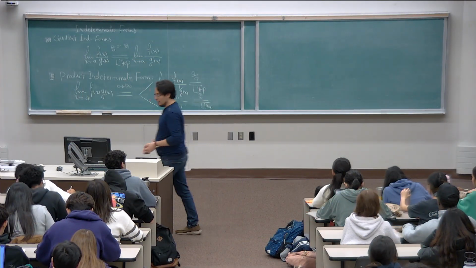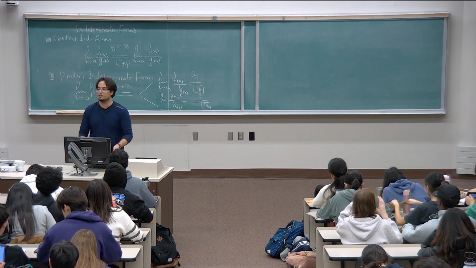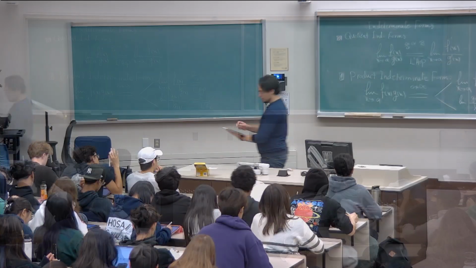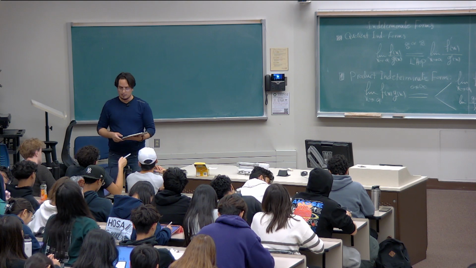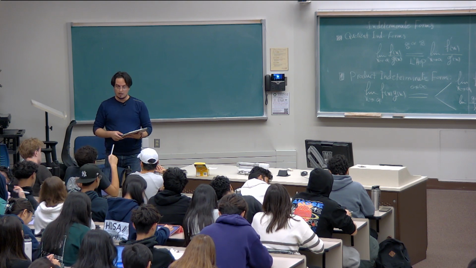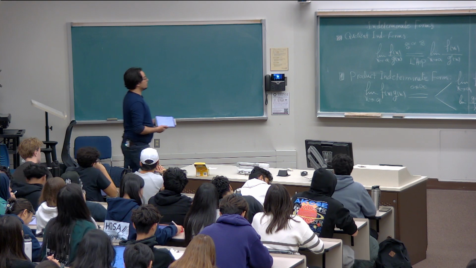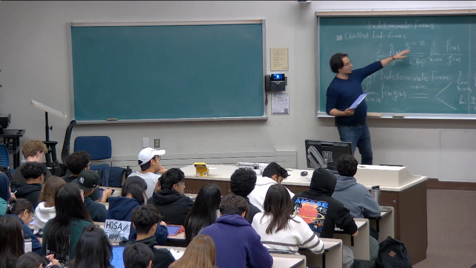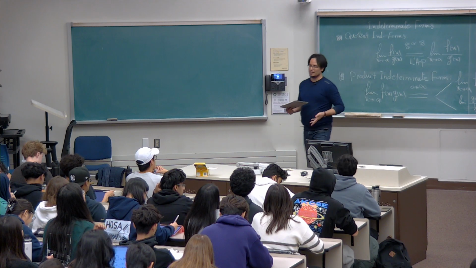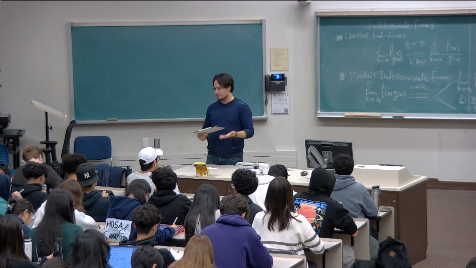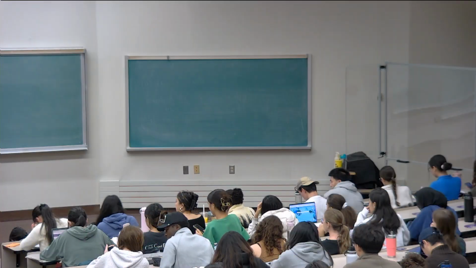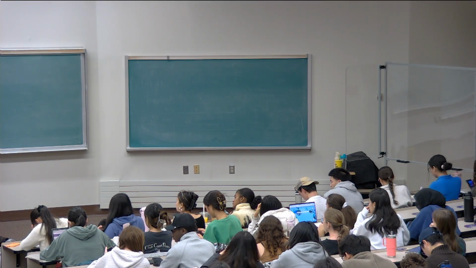And that's why I will try to repeat this process all the time: turn all the indeterminate forms into either 0 over 0 or infinity over infinity. And then there are other technicalities, such as that the functions have to be differentiable in some ways. Yes, that's true. Any other questions? Any other comments?